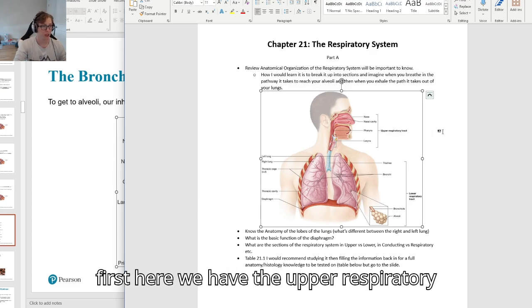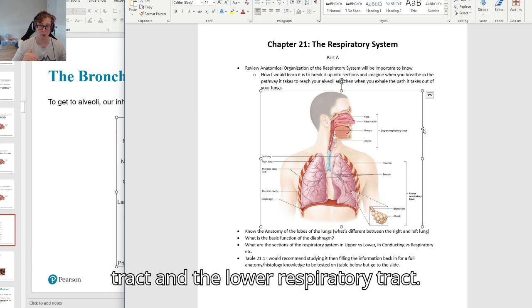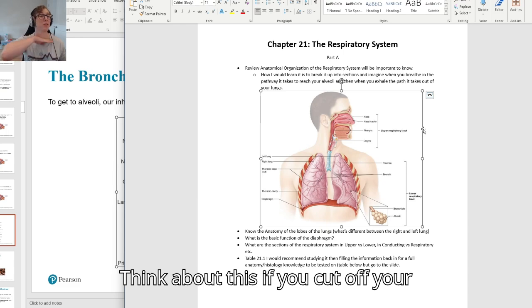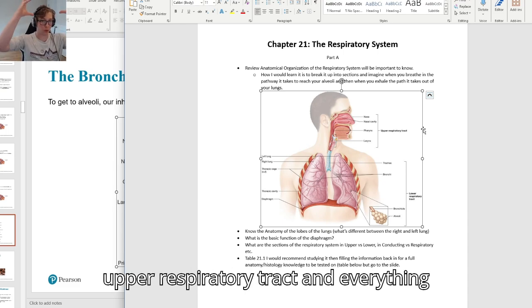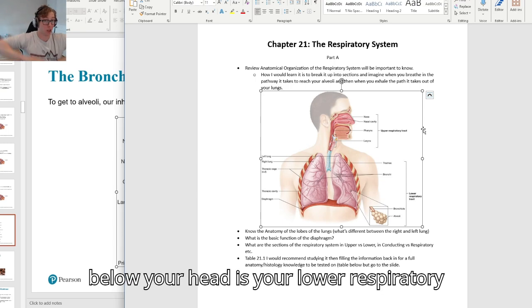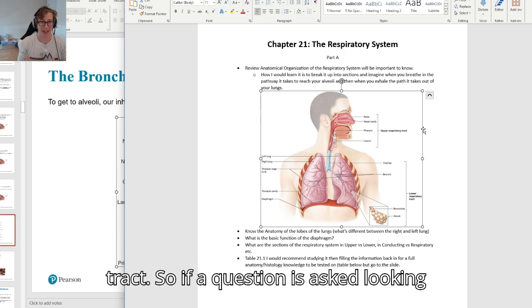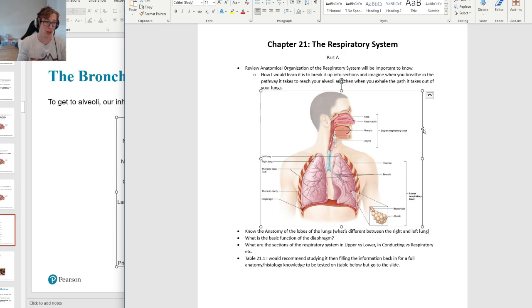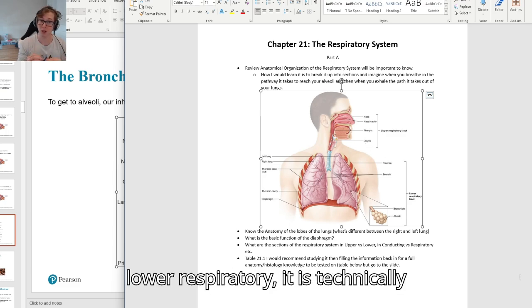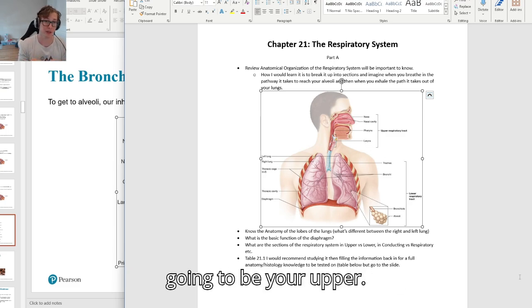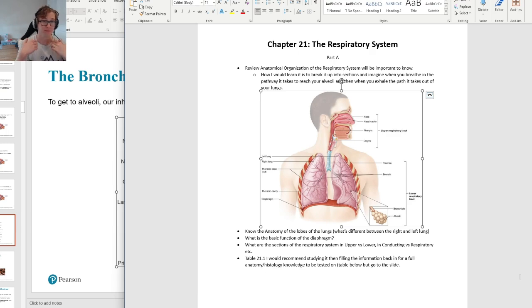First, we have the upper respiratory tract and the lower respiratory tract. Think about this: if you cut off your head, that divides your upper respiratory tract, and everything below your head is your lower respiratory tract. So if a question asks whether the larynx is upper or lower respiratory, it is technically going to be your upper.